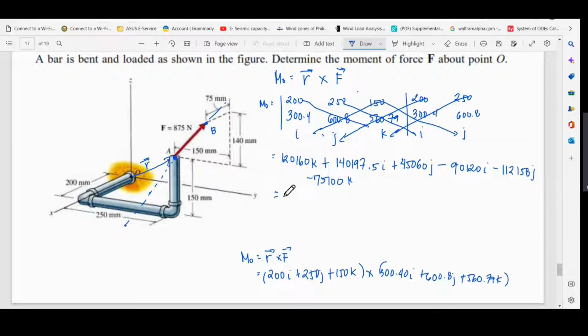We have 50077.5 I. Tapos next is J. J is 112158 minus 67098 J. Tapos yung K natin, we have 120,160 minus 75100, 45060 K. Determine the moment of force F about point O. So, yan yung Cartesian vector form niya.